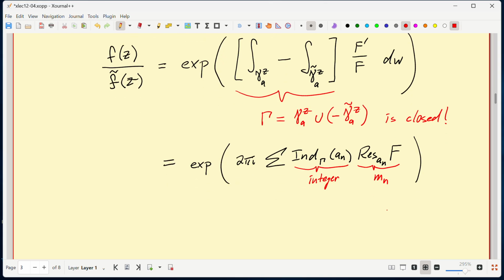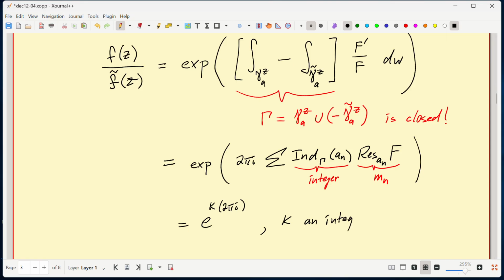And by the way, this is a finite sum because only finitely many of those could be non-zero. And so this is e to the 2 pi i times an integer, not n, but something, k, an integer. So that's a big fat 1.